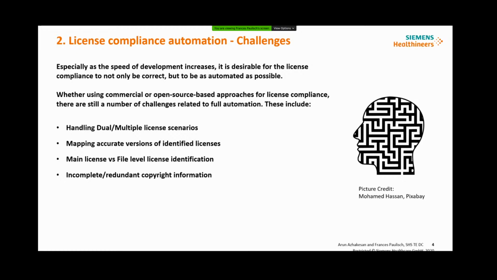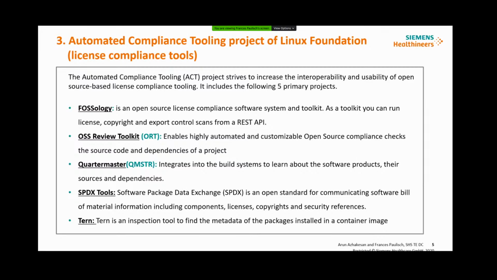So this is something where we also need to involve humans in the loop, license compliance experts, to make sure that we handle this correctly. And there are software engineering research topics in this space that could help us push the envelope a little bit further toward increased automation.